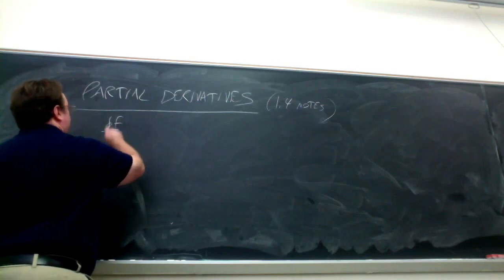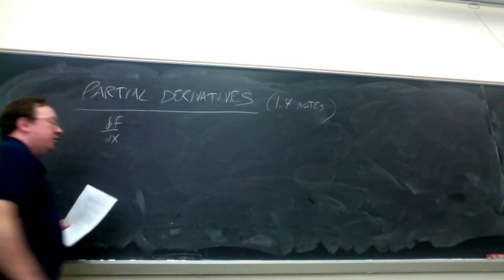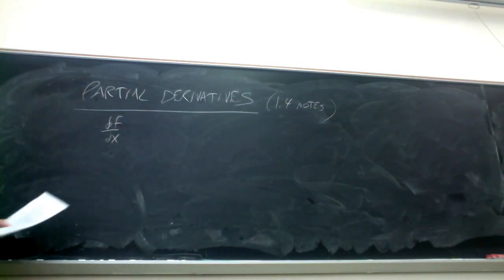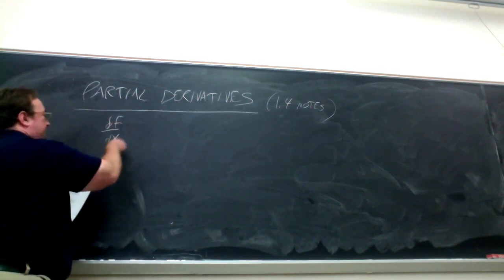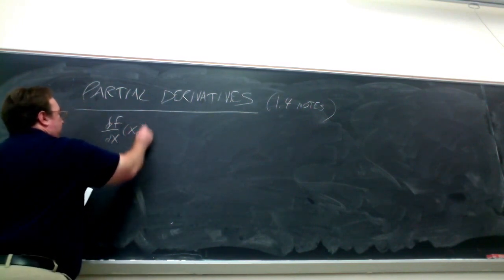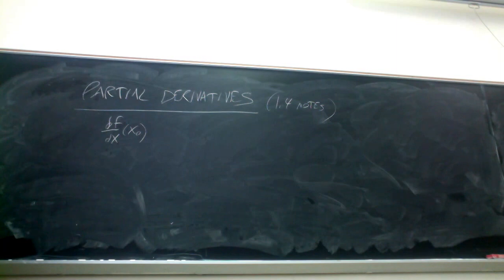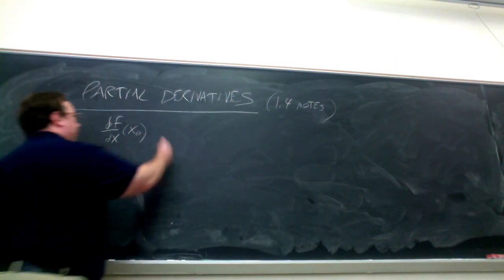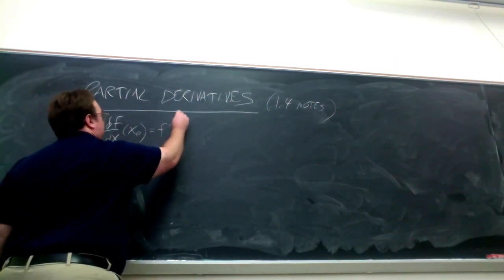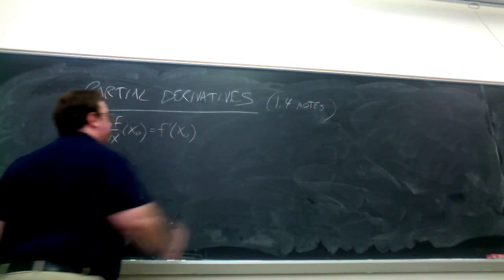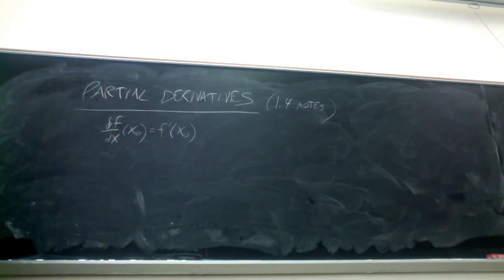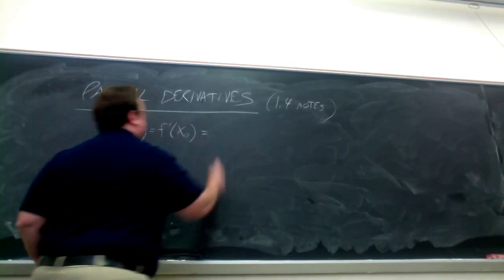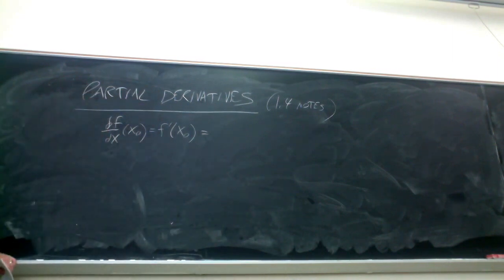If I have a function of a single variable f, and I'm taking its derivative with respect to x, and evaluating it at a certain point x naught, this is one way to write it. Of course, you also know, or should know, the other more common way to write it, f prime at x naught. I don't suppose anyone would happen to know what the definition of that is from Cal 1. How do we actually define a derivative?